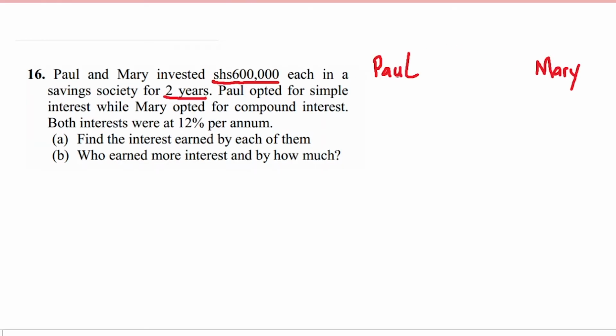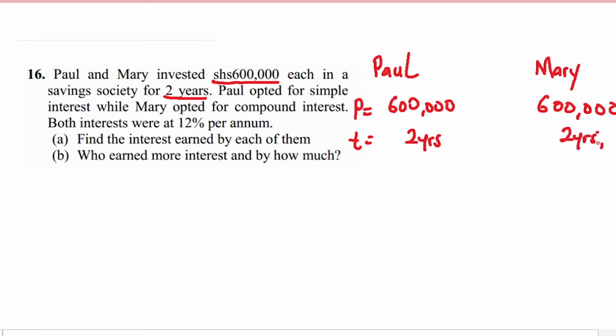Now, according to the question, the principal, the money they invested, was 600,000 for both of them. Even Mary invested 600,000, and the time was 2 years, for this one as well. However, Paul opted for simple interest, so we know that simple interest is given by principal times rate times time over 100.